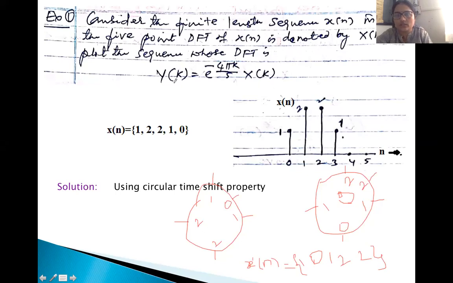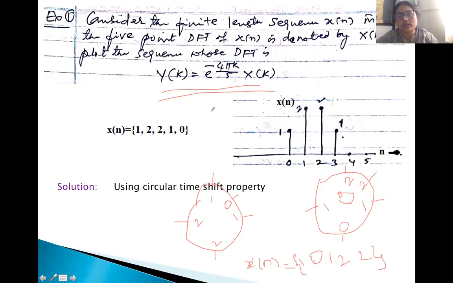Because this formula is representing that the sequence in the frequency domain gets multiplied by this exponential factor. As it is multiplied by this exponential factor, it means the sequence is shifted by some units. How much will be calculated from this exponential part only.